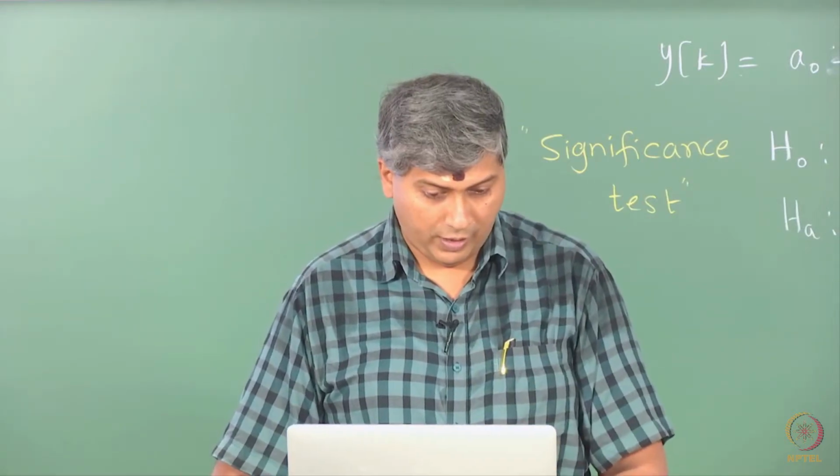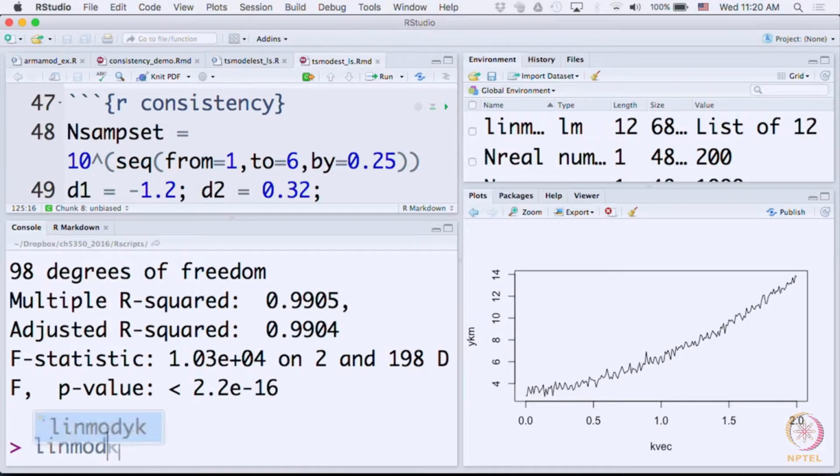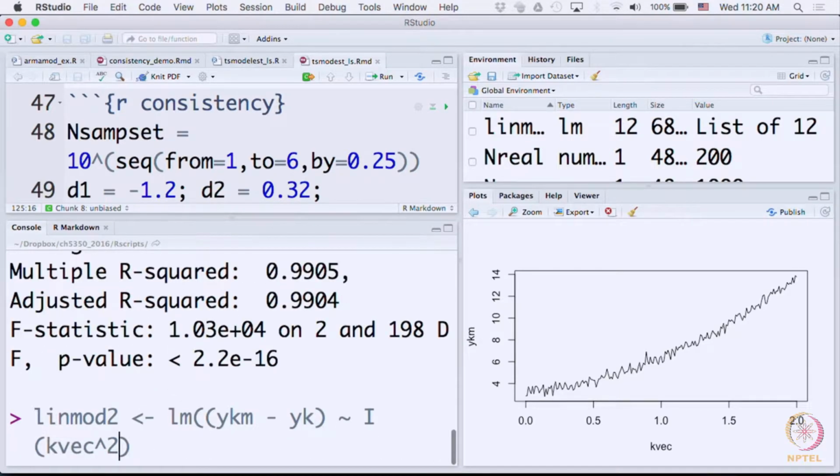It will tell you that you should not have included those. In fact, if you are confused, let me just show that. So, you have here, let us say, some lin mod 2. We can generate some noise here, or we will take the specific noise that we have, ykm minus yk, being regressed on kvec square plus kvec.